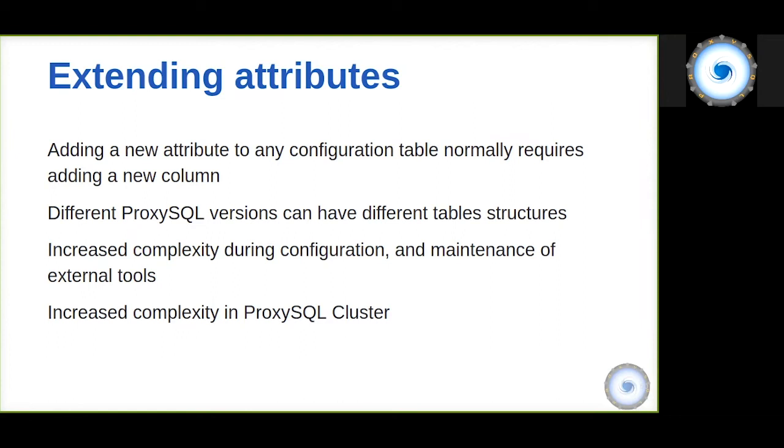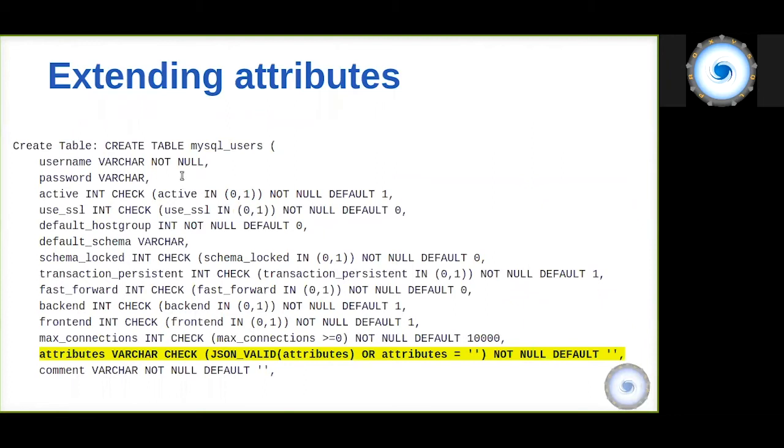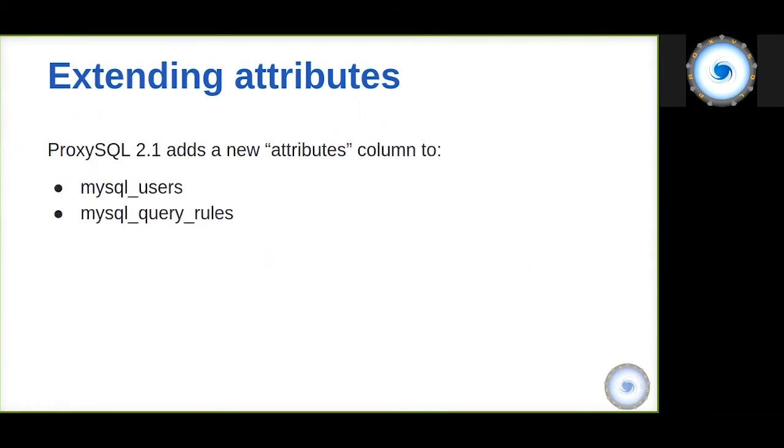So we added the ability of adding one extra column called attribute, and we configure this in two tables right now: the MySQL user table and the MySQL query rules table. I will show an example now. So this is the MySQL user table. What we are doing is just adding this column called attribute.